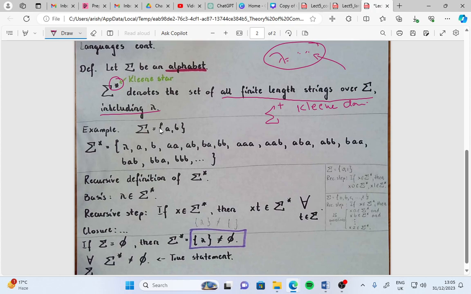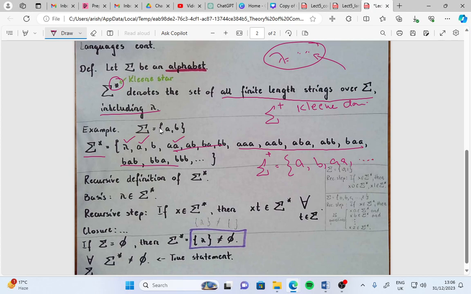So this is the example of sigma star: the empty string is also there, and strings of length 1, strings of length 2, strings of length 3, and so on. But in the case of sigma plus, my set of strings will start from length 1, with no possibility of the empty string.